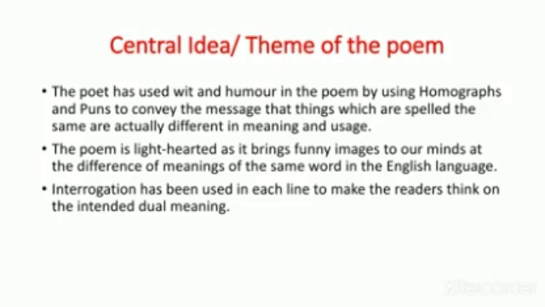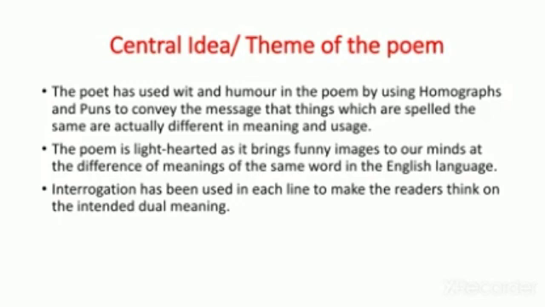Thus the poet has used these types of words to create an imagination, or you can say to make the readers understand the fun in the poem. He conveys a message that things which are spelled the same, having the same spelling, can actually sometimes differ in their meanings when they are used in different sentences.